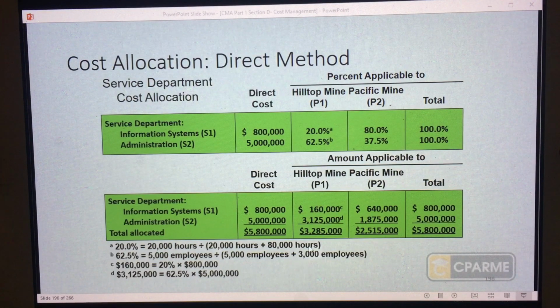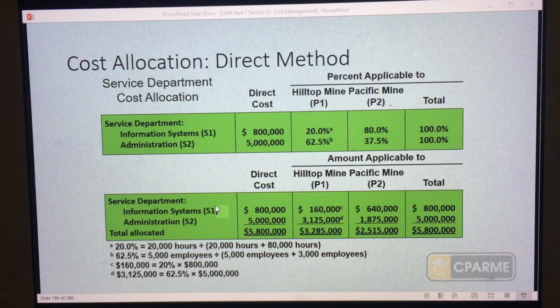If you look at the additional computation below, we have 20,000 hours, remember from our first slide, plus the 80,000 hours. So that's 20,000 hours divided by 100,000 hours, which is 20%. That's your cost driver. And then for administration, the number of employees, for a total of 8,000 employees, right? So that's 5,000 employees over 8,000, giving you 62.5%.